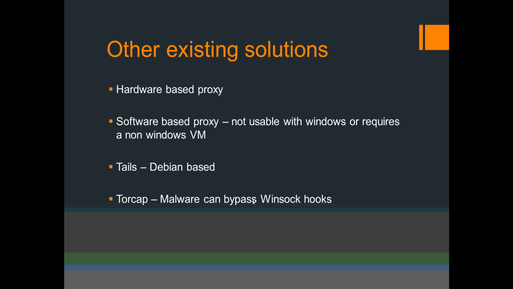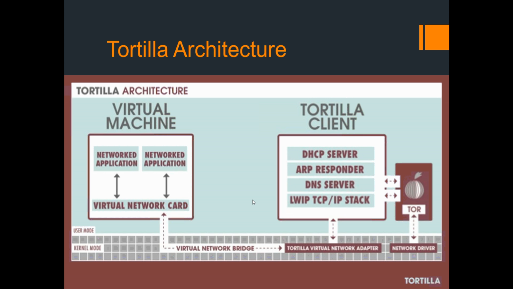There's the operating system Tails, which is Debian-based, but again, that's not Windows, and most people are using Windows. For Windows, there's a solution called TorCap, but within TorCap, there's a vulnerability where you can bypass the WinSock hooks with certain malicious code.